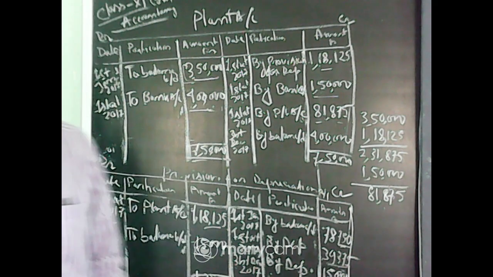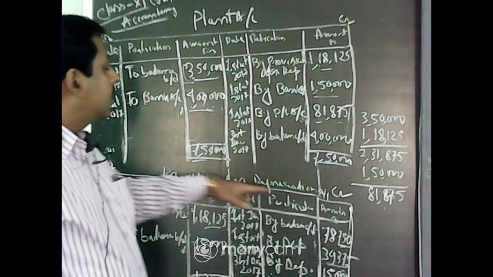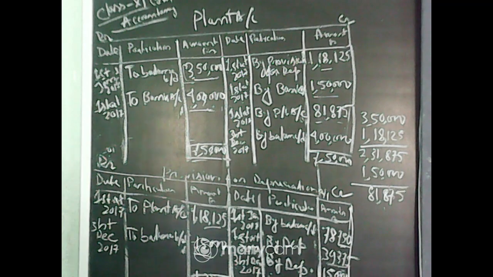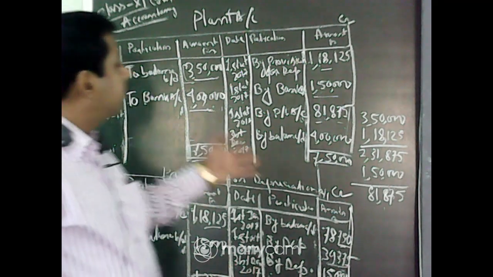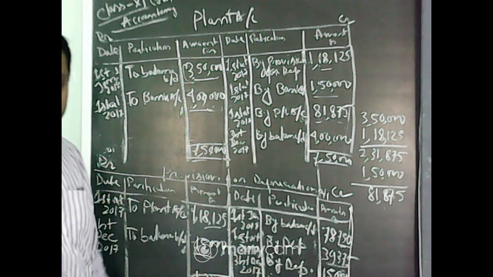This is nothing but a case of the same depreciation account, but we are maintaining a provision for depreciation account. When I started the chapter, I told you there are two ways you can record the depreciation: one is charging the depreciation in the same asset account, or we can maintain the provision for depreciation account.